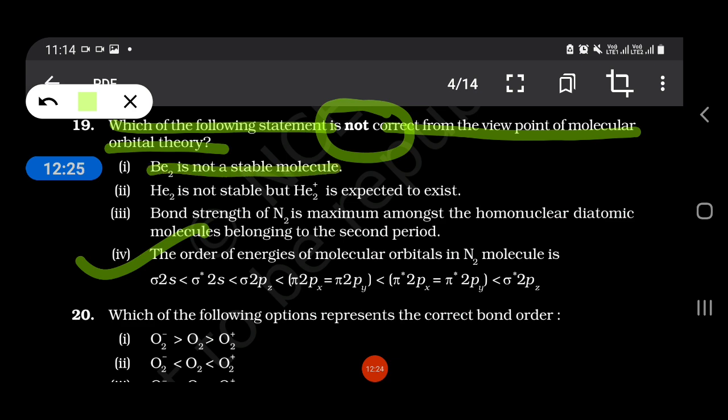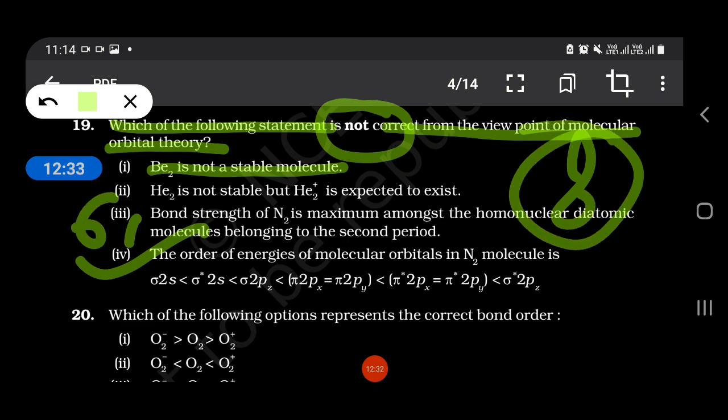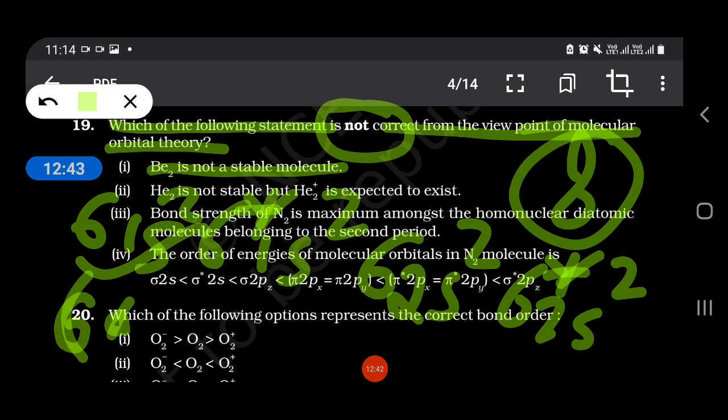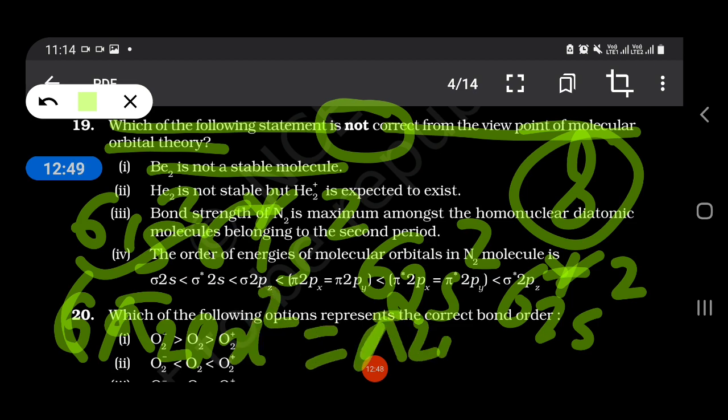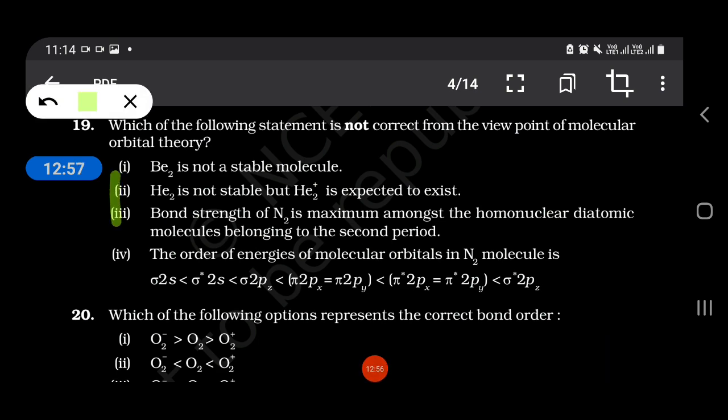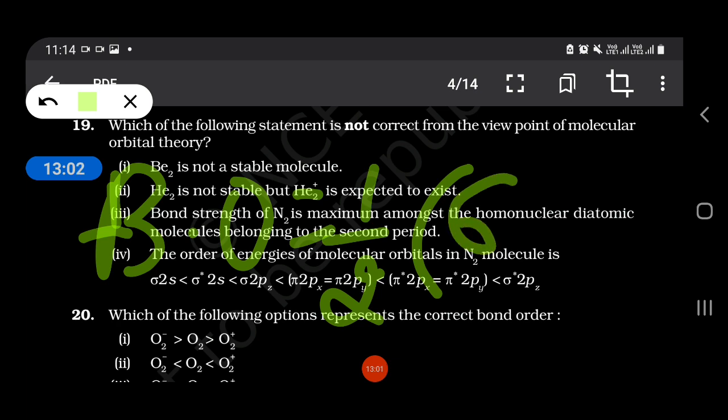But what is correct? Be2 is not a stable molecule because Be has 4 electrons, so Be2 has 8 electrons, and when we form sigma 1s2, sigma star 1s2, sigma 2s2, sigma star 2s2, pi 2px2, pi 2py2, and so on, and when you obtain the bond order, it will be half of bonding minus antibonding electrons.